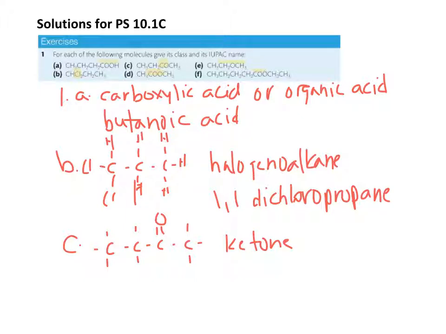So to name it, I have to tell where the functional group is at. It's on the second carbon. I know it looks like it's on the third carbon, but you count from whichever end gives you the smaller number. So it's going to be 2, and then because there's 4 carbon, that's going to make it a but- group. So this would be 2-butanone.